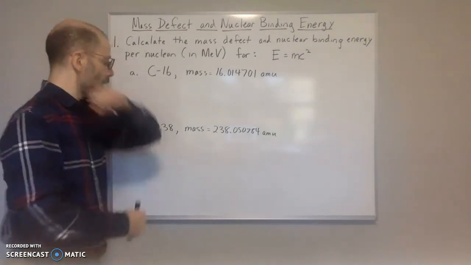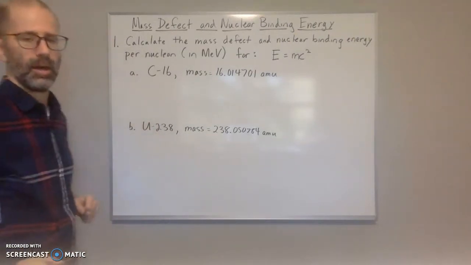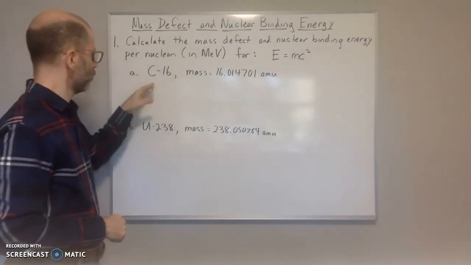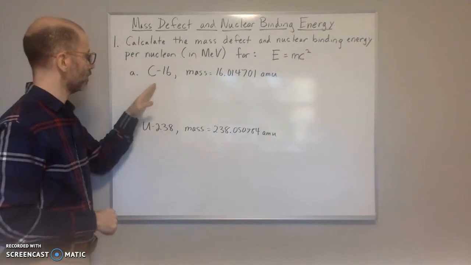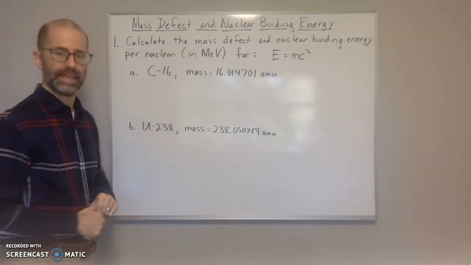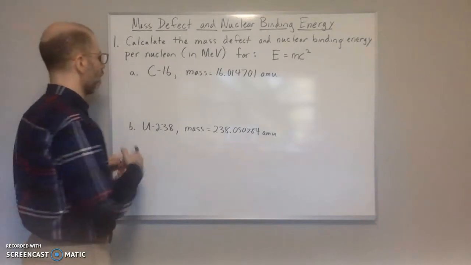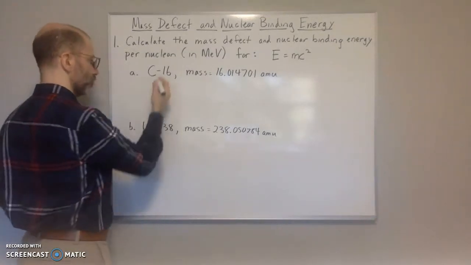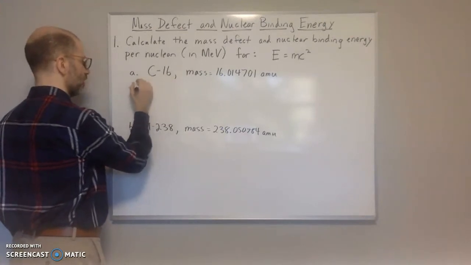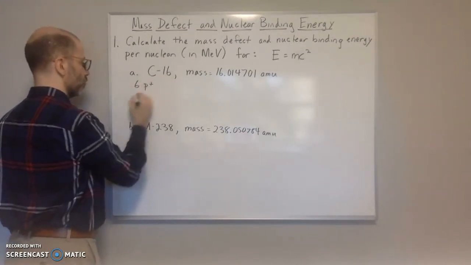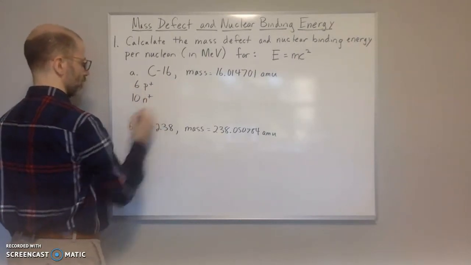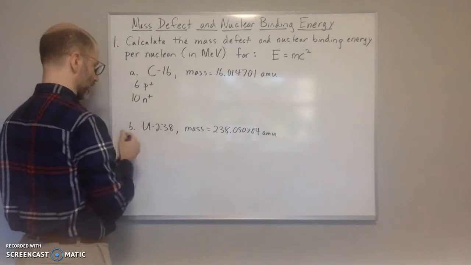And so what we need to do is figure out the total mass of each nucleon in here. So we have carbon is 6 protons. So that means for this carbon 16, we have 6 protons and the rest is neutrons. So we have to add all of that together.